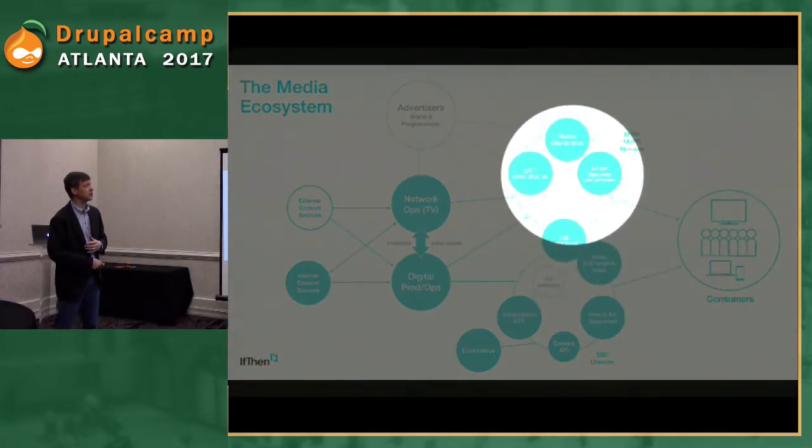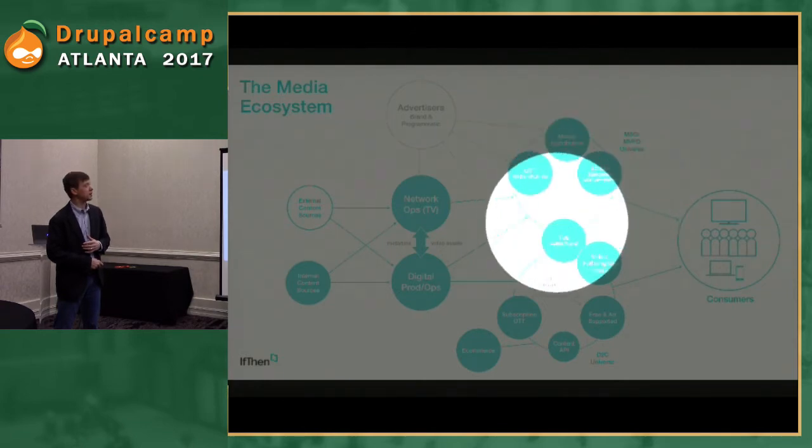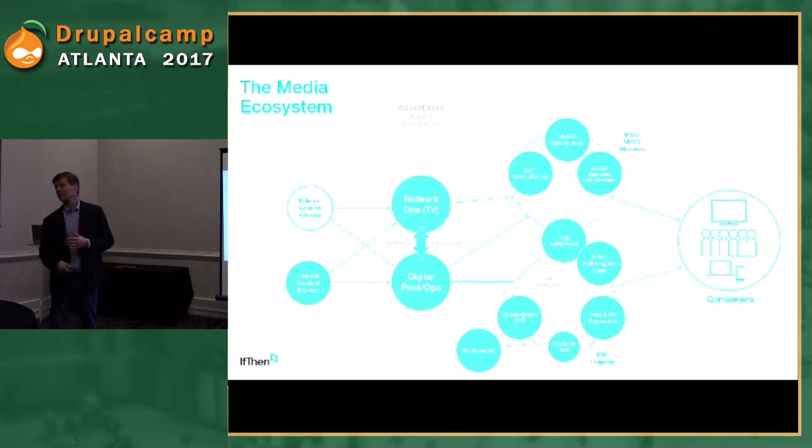And on the top side here, in media companies, you have a lot of entities that specialize in distribution. Sometimes you'll hear these people called cable companies or MSOs or MVPDs. These are companies like AT&T, Comcast, Amazon that take content from programmers and then redistribute it to consumers in a variety of packages.